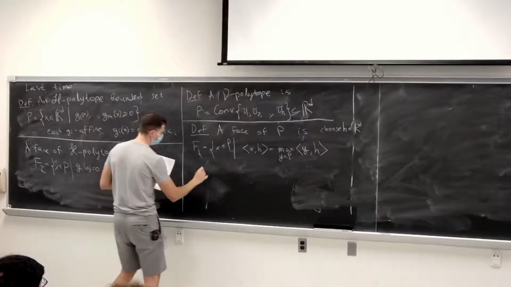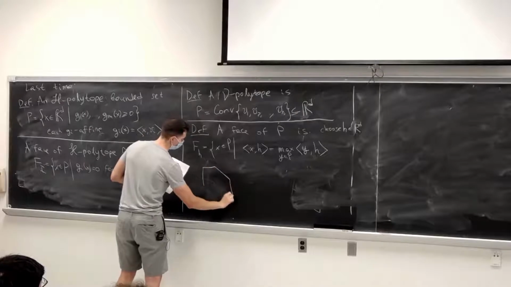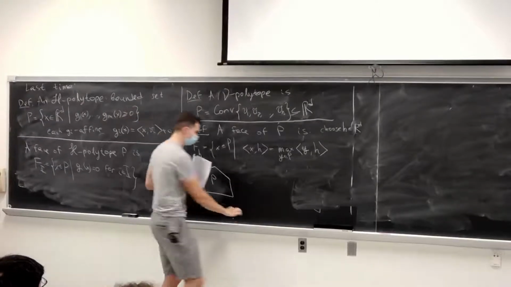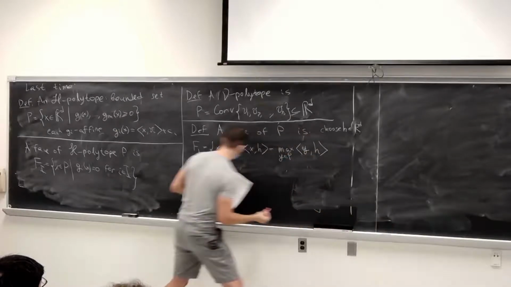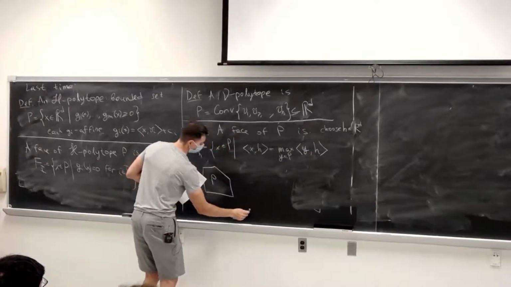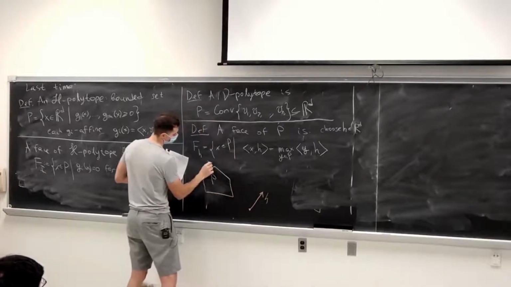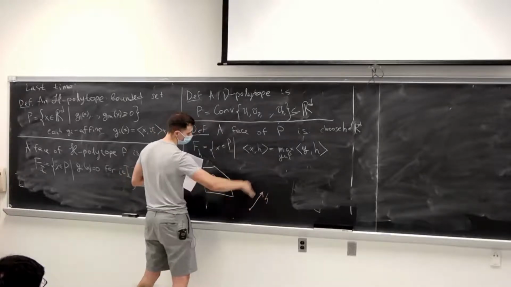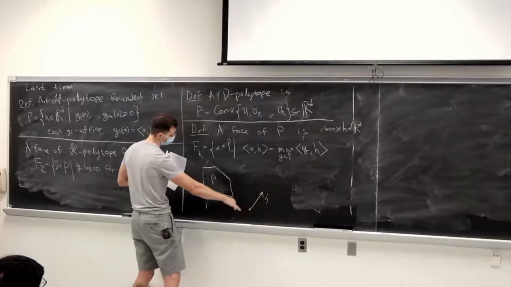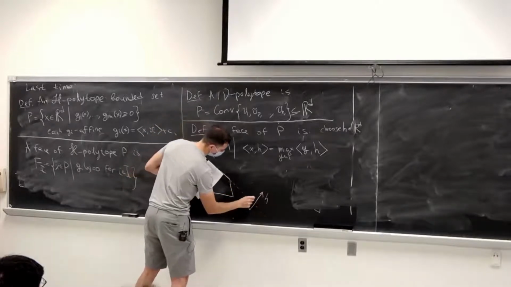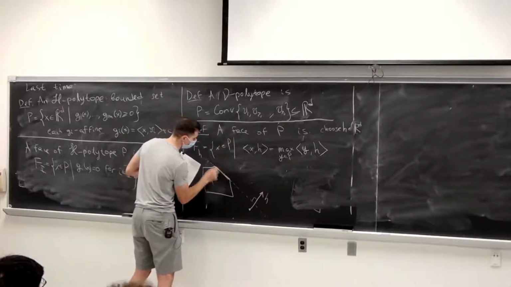So the picture is you have a polytope P like this, and then maybe your vector h. It doesn't matter where the origin is. The origin could be somewhere over here. Then you choose some vector h, and you move the orthogonal hyperplane until it barely intersects your polytope.